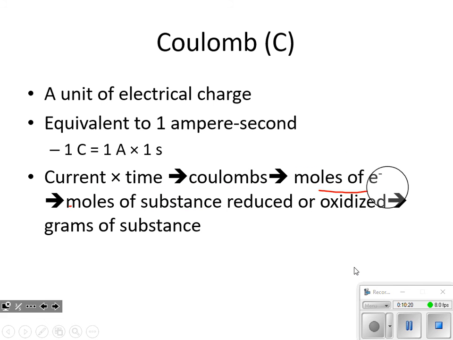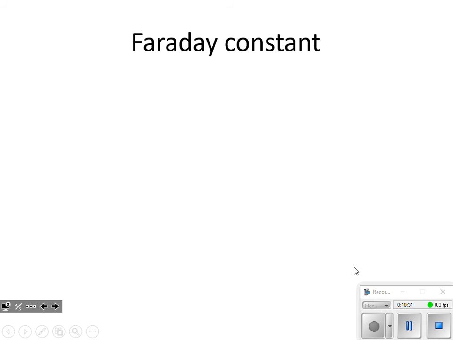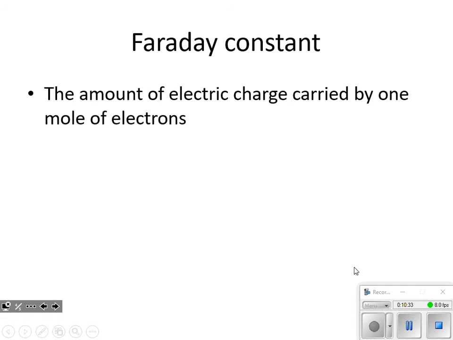So again, that path is what we're going to be practicing with our math in a little bit here. I believe the textbook shows it to you, but I know our old textbook did, and I always wanted to point that out to students. We need, in order to do that math, something called Faraday's constant. Faraday's constant is referring to the amount of coulombs that are carried by a mole of electrons.